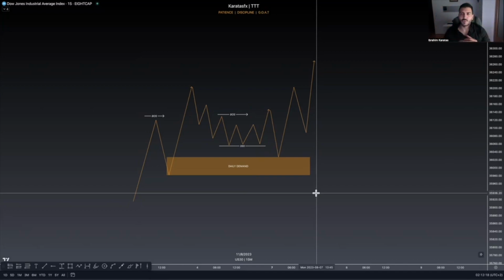And in this section, we will talk in the future more about psychology, emotions, and tips on how you can control them. But here, the only thing you need is patience. And like I said before, don't be the liquidity. Because if you are the liquidity, you're losing the money, okay?